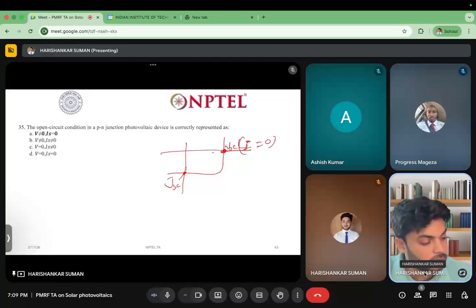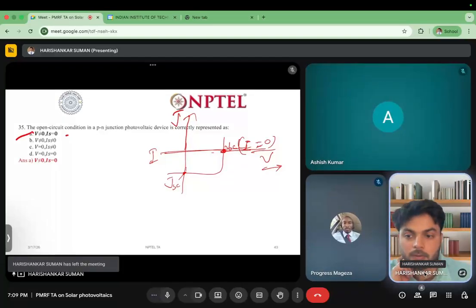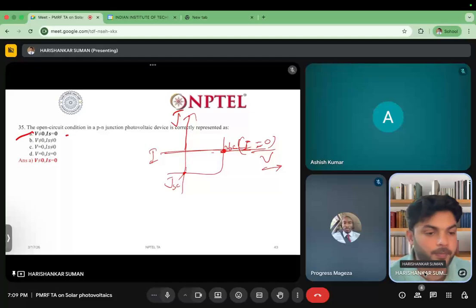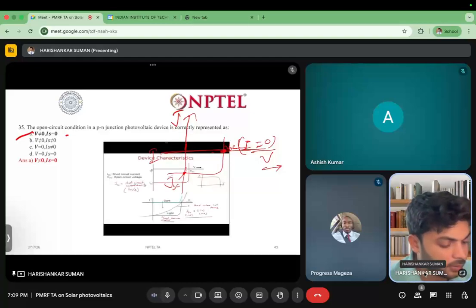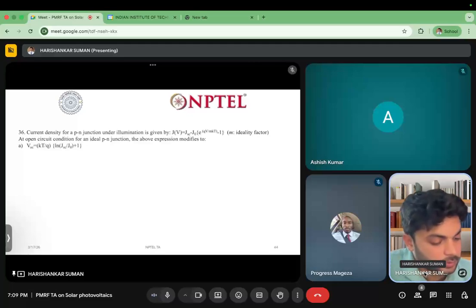According to this line for 0 current, voltage is not 0 but current will be 0, so option A will be correct. Okay, next question.